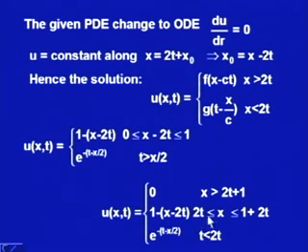For the region x lying between 2t and 1 plus 2t, the solution would be 1 minus (x minus 2t), and for the region x less than 2t, it should be e to the power minus (t minus x by 2). We can check that this also satisfies our partial differential equation, and moreover it is also satisfying both the initial condition and the boundary condition.